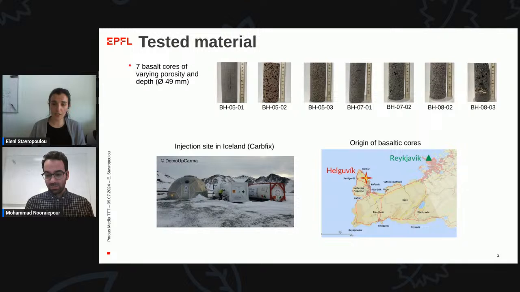As you can see here, the plan is that CO2 captured in Switzerland will be transferred all the way to Iceland and injected there in the basaltic formation. And so what we wanted to target with these cores is to have as variable and representative a study in the lab as possible. This is why we chose cores, as you can see, with significantly different porosity, color, and different structure.